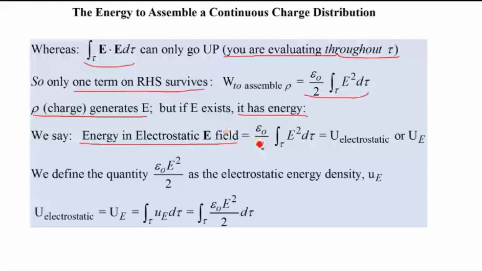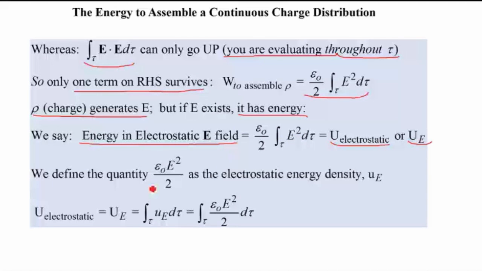It's equal to this quantity here, and so we sometimes call it capital U electrostatics, or capital U with a subscript E. If you look at the argument here, so put this inside, so epsilon 0 over 2, that is giving you a function that, if we integrate it over tau, gives us the energy. So that's like an energy density.